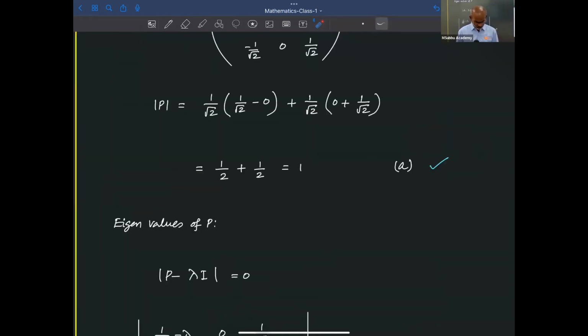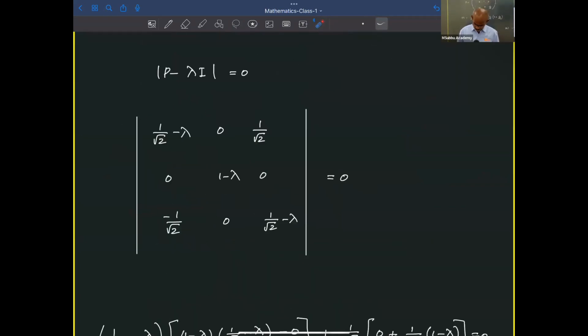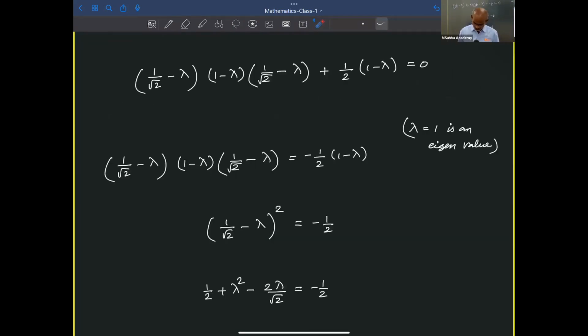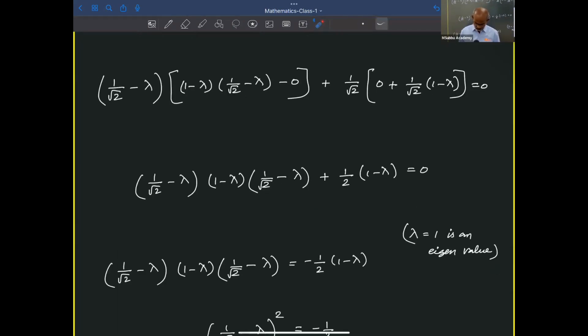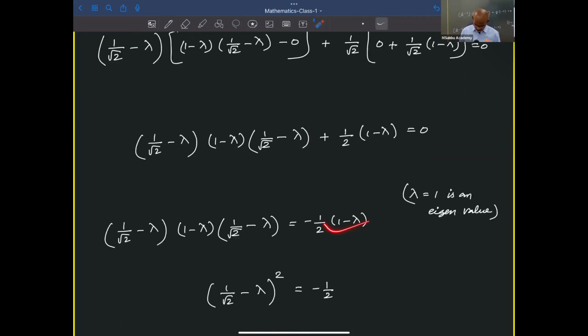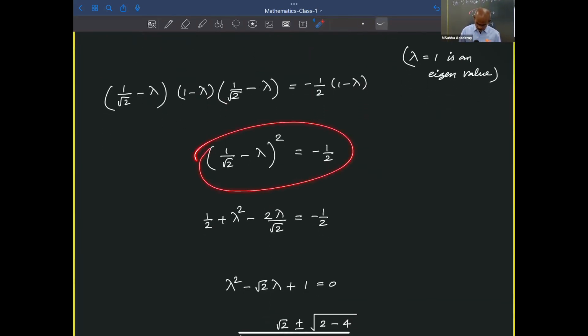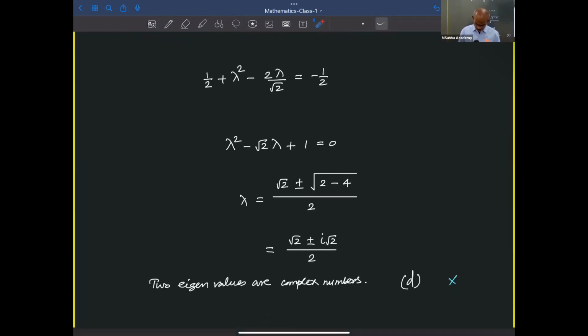But what is asked is whether all the eigenvalues are real numbers. How many eigenvalues are possible? Three eigenvalues, because it is a 3 by 3 matrix. So the other 2 eigenvalues we need to evaluate. Because of the grouping, we can take this side, and this term can be cancelled out. So we now have a quadratic. For that, the roots are coming as complex numbers.